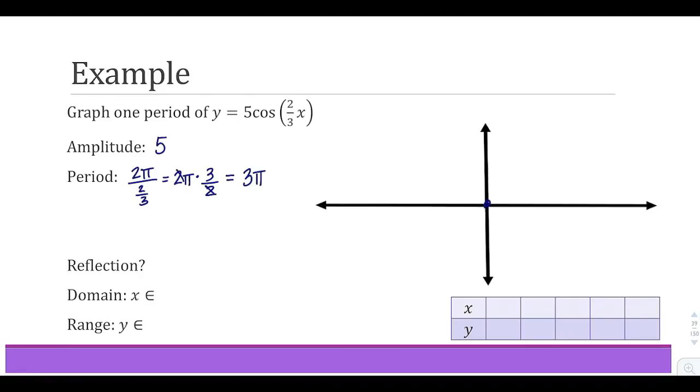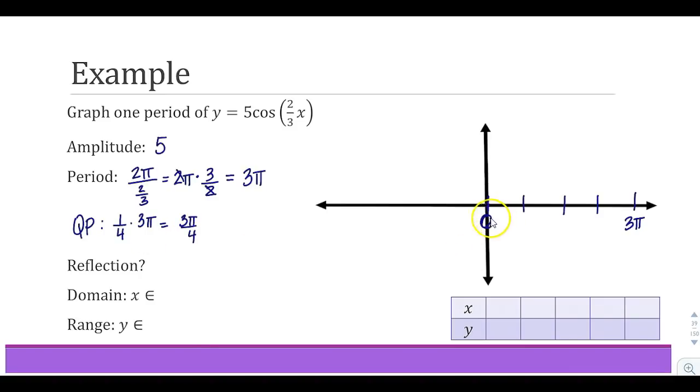So I'm looking at starting at 0 and ending at 3 pi, and I need those 4 equal subdivisions, so I need those 5 points that are key to my graph. So I'm going to need the quarter period again. This time I'm going to abbreviate it as QP. So that's 1/4 of 3 pi, or 3 pi over 4.